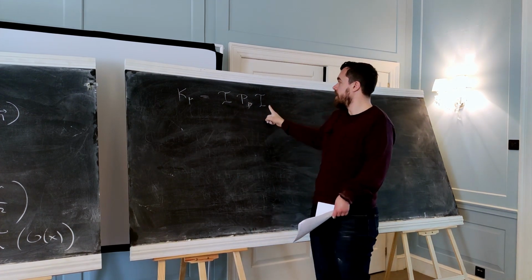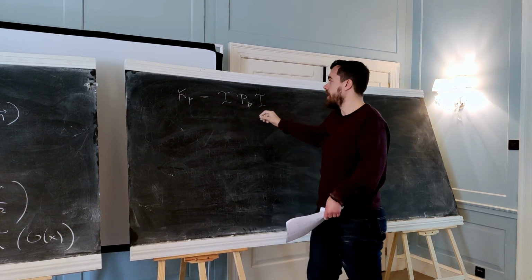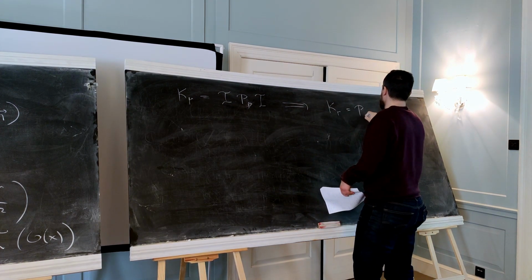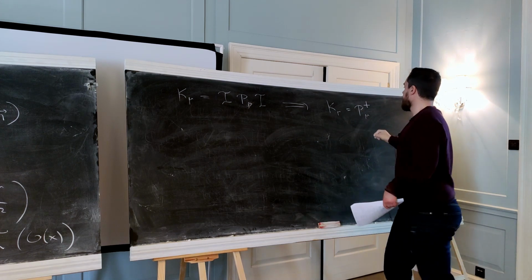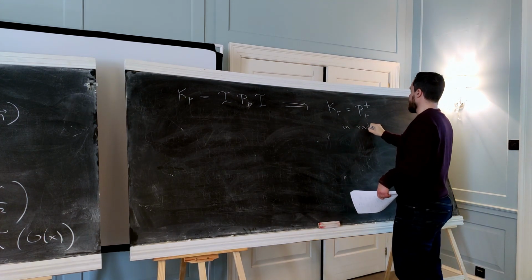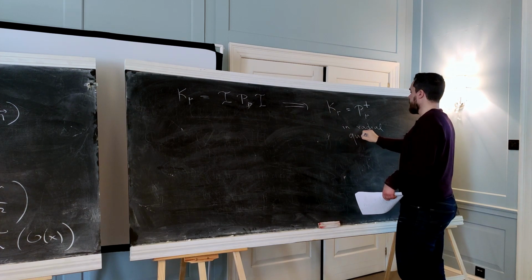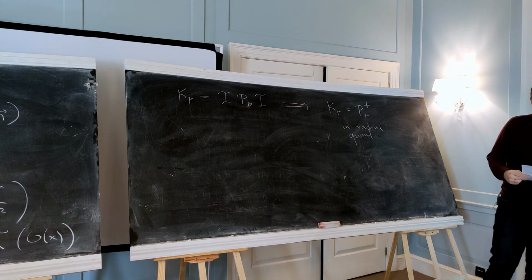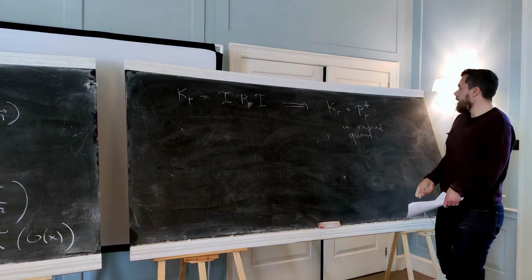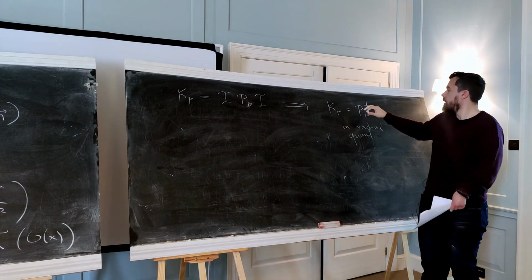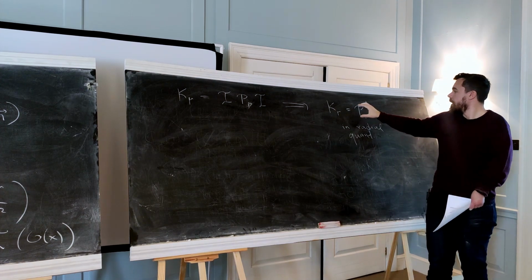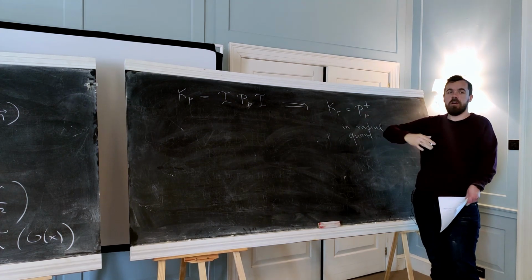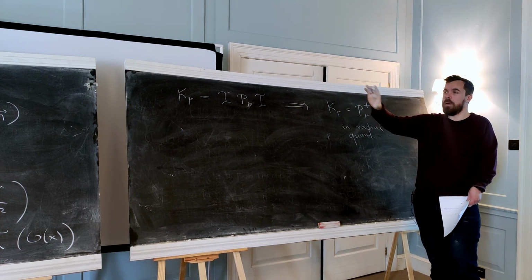Since P mu is conjugated by inversions to get K mu, that means that in radial quantization, K mu is P mu dagger. Okay? So this basically allows us to view K mu and P mu in radial quantization as conjugate operators. So P mu will be a raising operator and K mu will be a lowering operator.